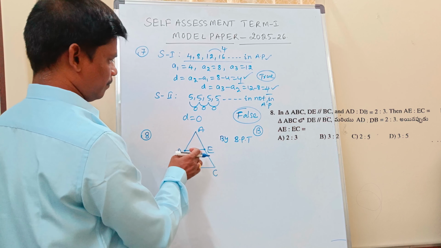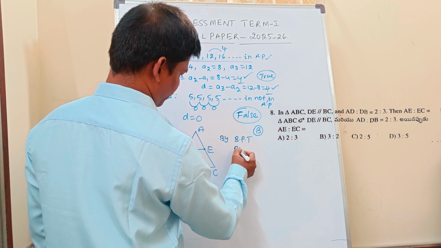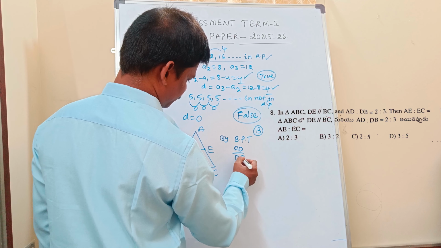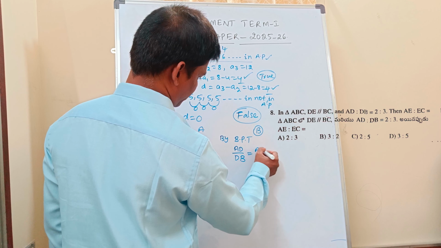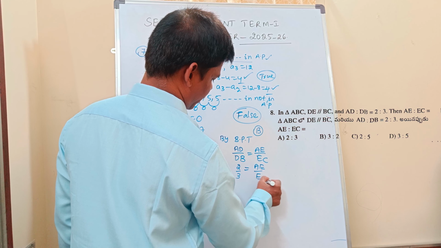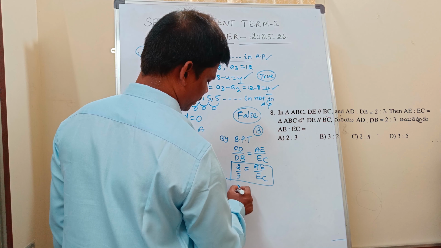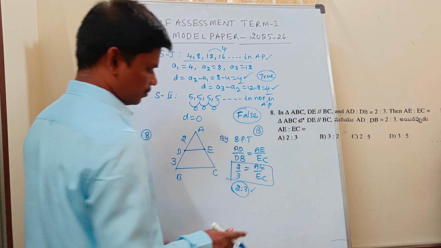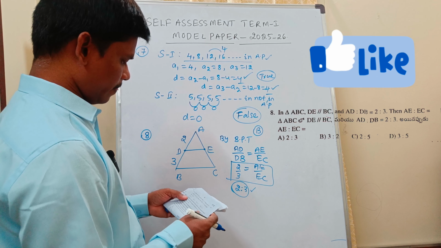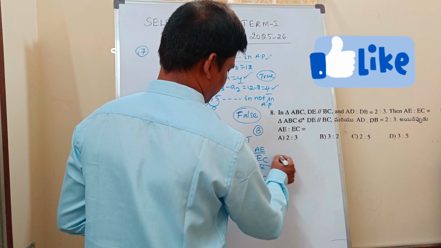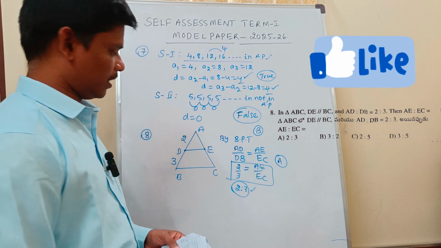By the BPT theorem, AD by DB is equal to AE by EC. So the ratio is 2 by 3, and AE by EC is also 2 is to 3. According to the options, option A is the correct answer.